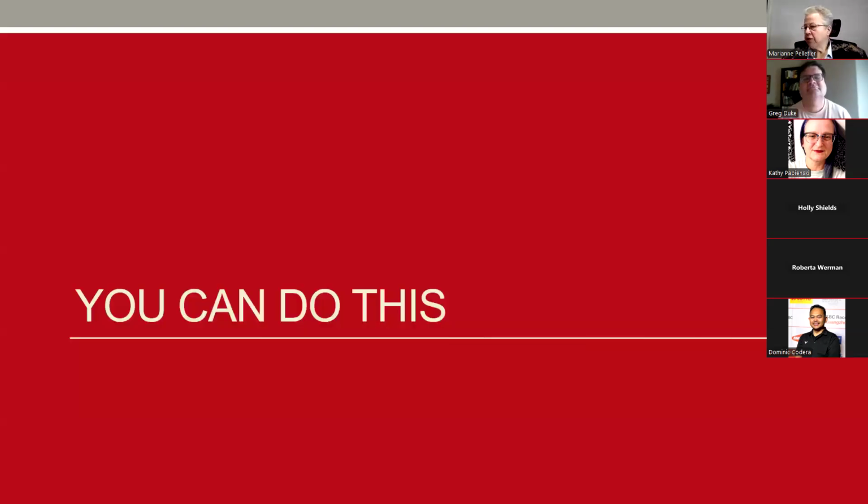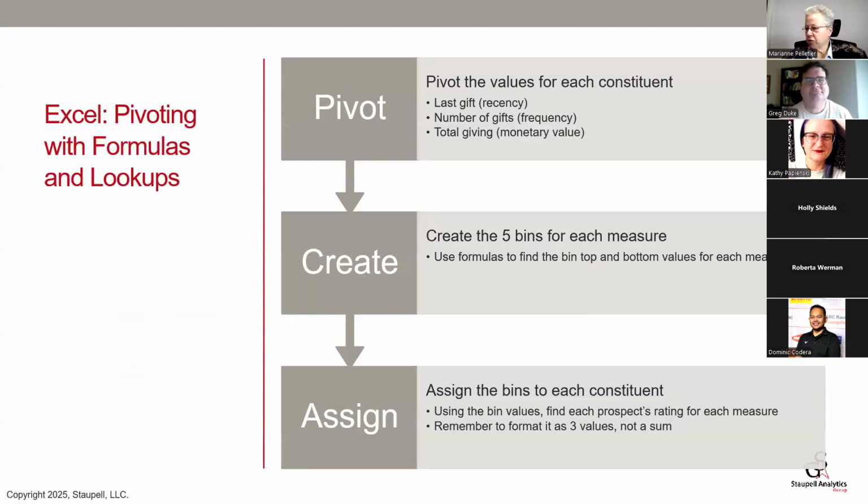Okay. So we're early because we have plenty of time for discussion. We can hang out. You can do this in Excel, and the book that's coming out at the end of March is going to talk about how to do this in Excel with significant input from Greg, our Duke of Excel. You're just going to pivot the values for each constituent.